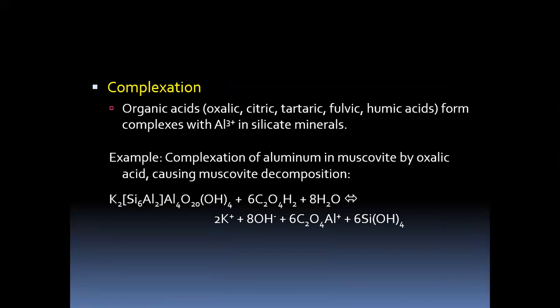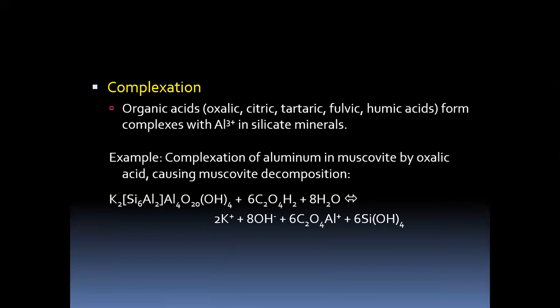Complexation is the last example of chemical weathering, and complexation is a complex reaction. What happens here is that biological processes produce organic acids, like oxalic, citric, or other examples, which interact with the rocks, with the minerals. Through this interaction, the aluminum and the silicon can be dissolved and removed from the structure.